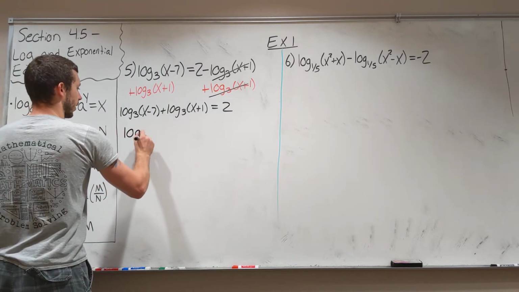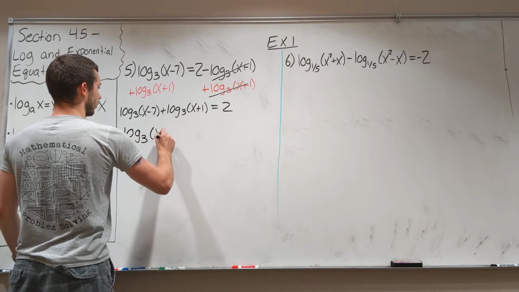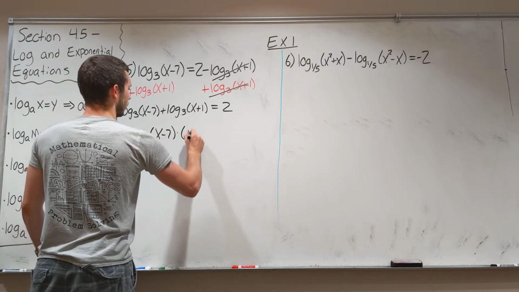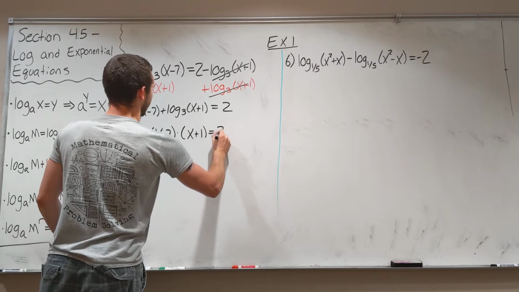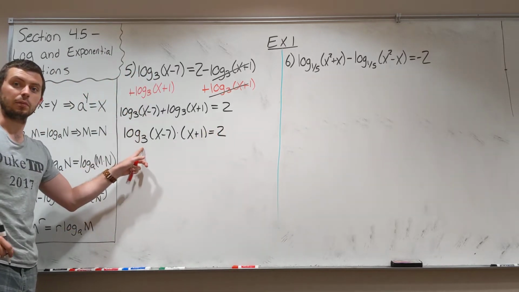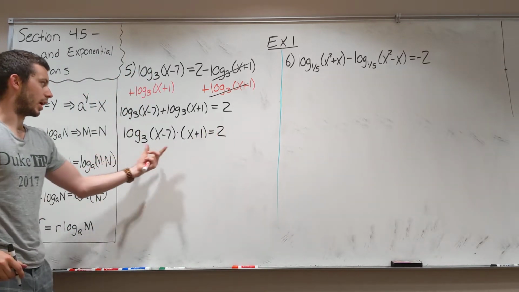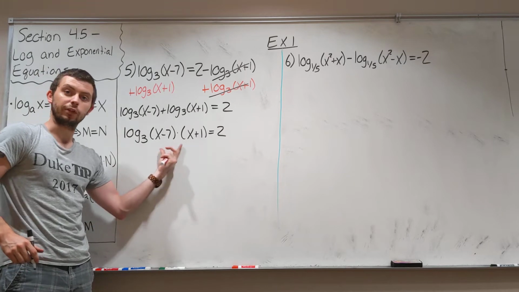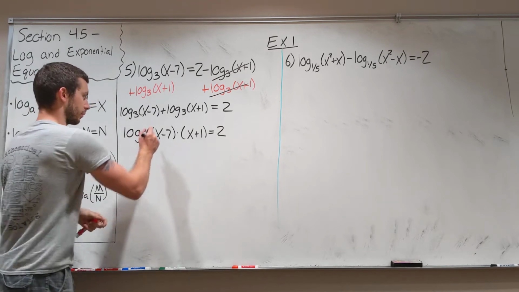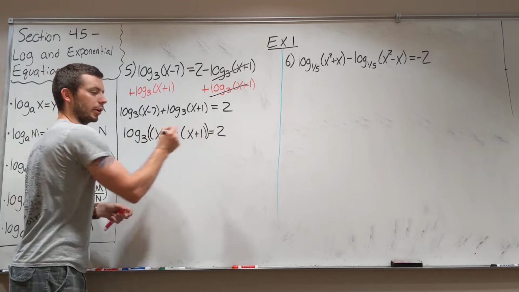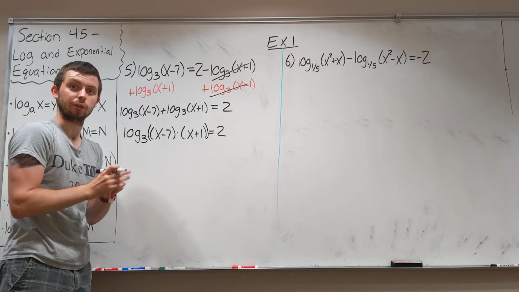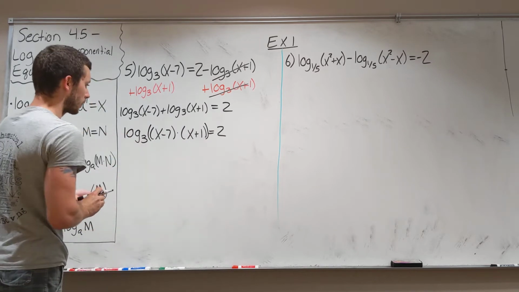So we can now modify this as a single log with the same base, and now we multiply. So all of this is still happening within the same log. In fact, you can put another set of parentheses containing everything if you'd like.